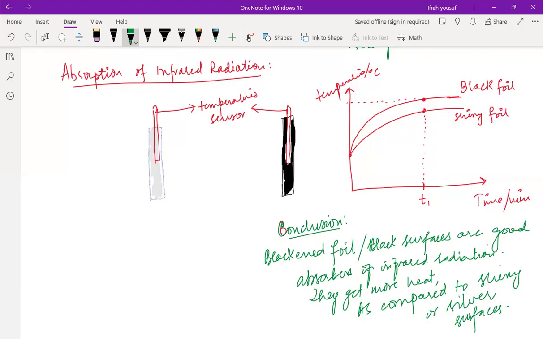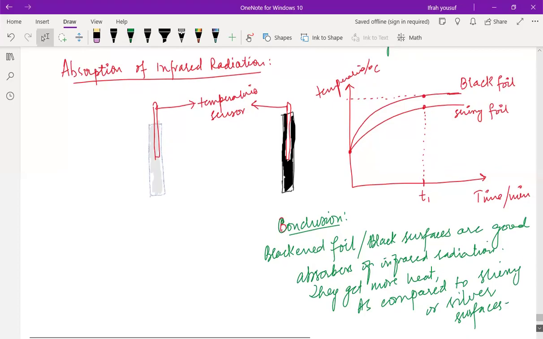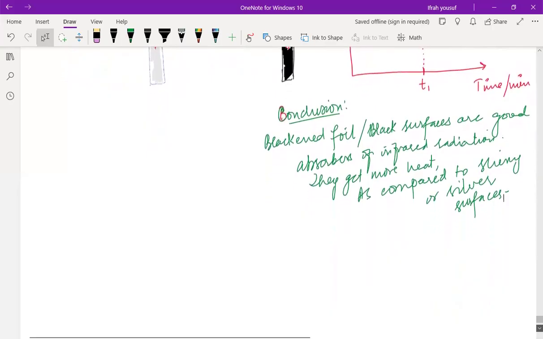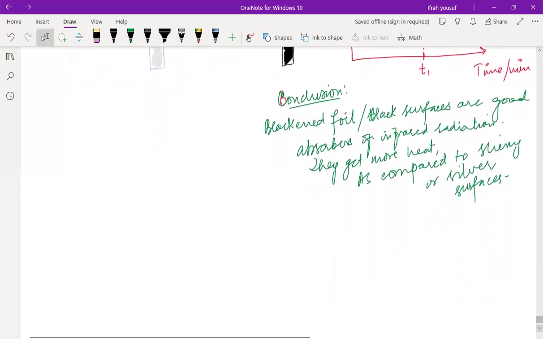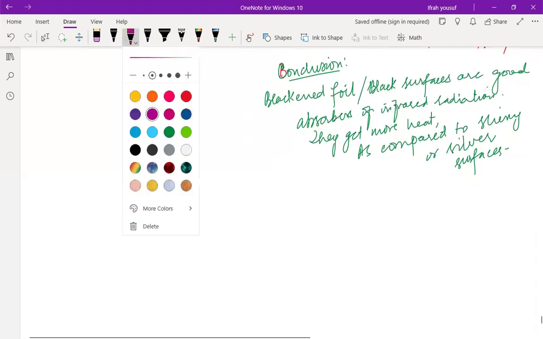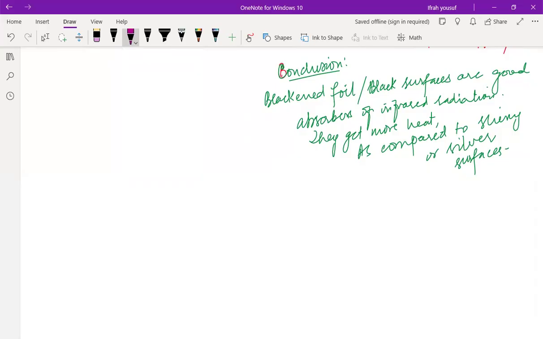Yes, sir. Now we are going to talk about some applications of transfer of thermal energy, where the transfer of thermal energy is useful in our daily life, right? So application of transfer of thermal energy, right?